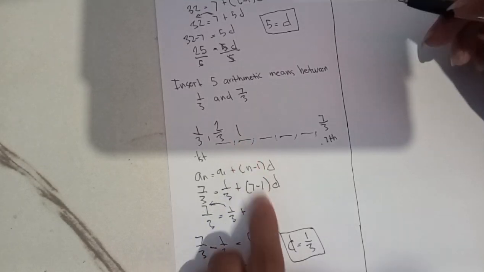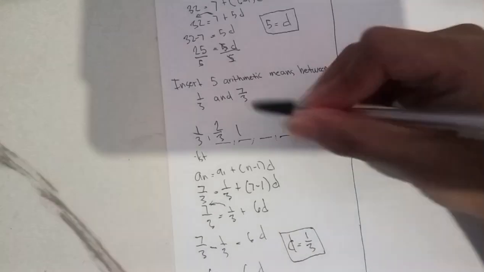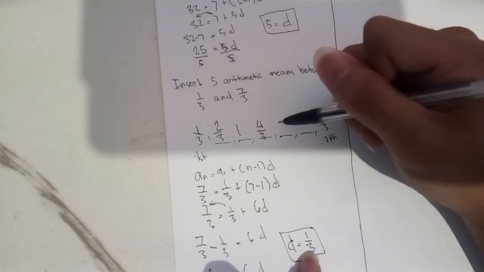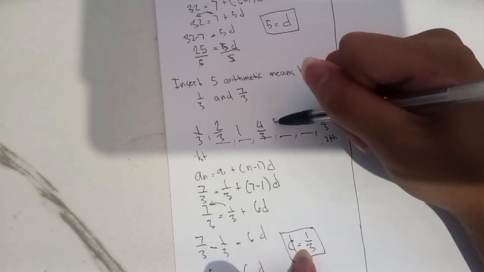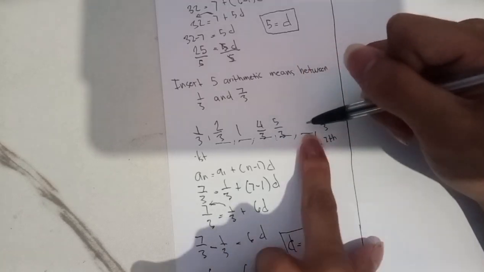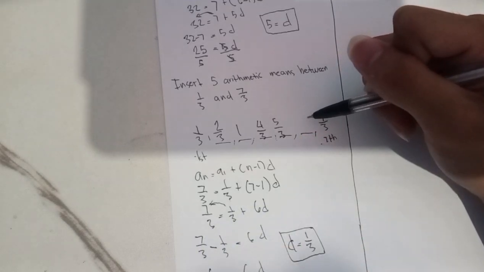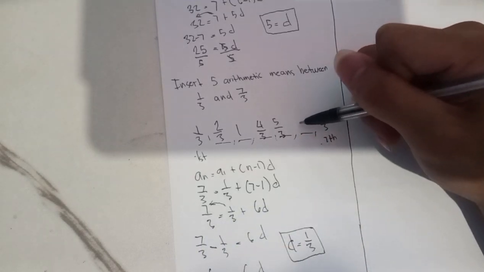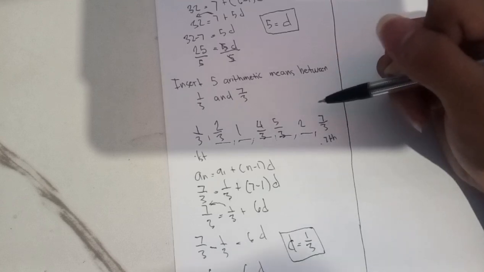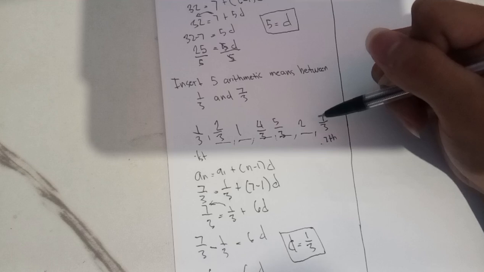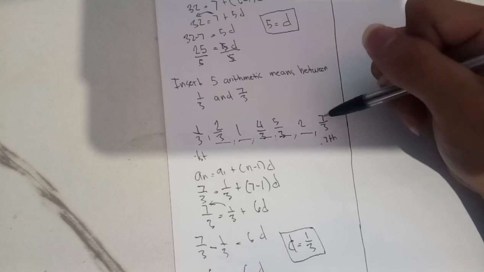Okay, so 3/3 plus 1/3, that is 4/3, and 4/3 plus 1/3, 5/3. Same as this, but 6/3 is 2, diba? Ganito. So we will write it as 2 or 6/3. That's just the same. Now 6/3 plus 1/3, that is indeed 7/3.